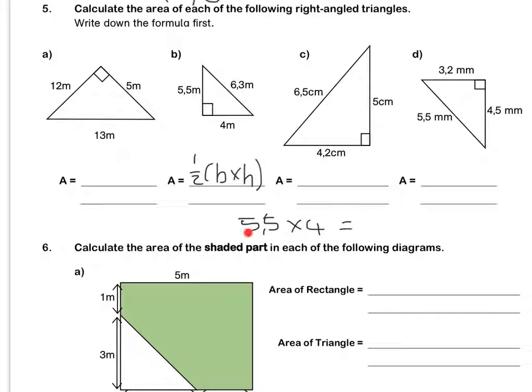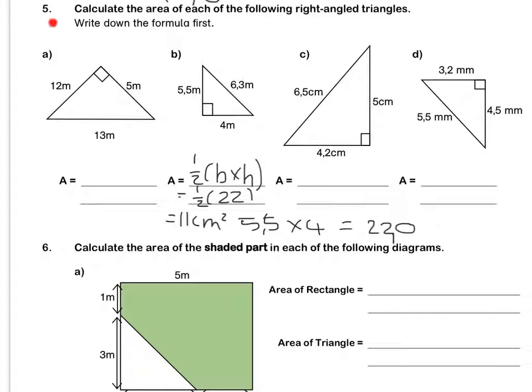We do 55 times 4 as if the decimal place isn't there, and we get 220. You can check that by yourself. We have 1 decimal point in our question, so we need 1 decimal point in our answer. So we have a half of 22, which is 11 centimeters squared.